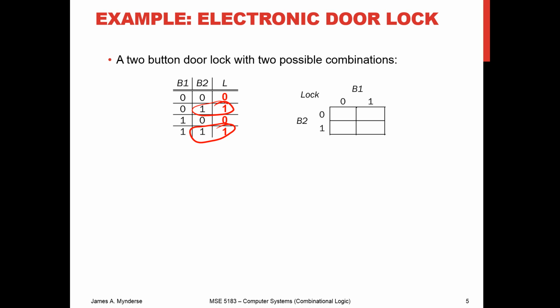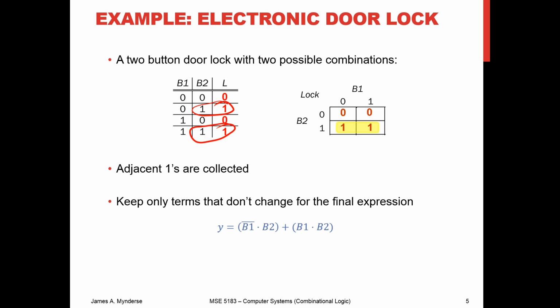Well, let's fill in our mapping. So we'll put in our 0, 0, 1, 1. And we're going to collect the adjacent ones. And so you see we've got two ones that are side by side, so let's grab those two. And when we write out our sum of products, here we are, we've got a not B1 and we've got a B1, and B2 is constant.